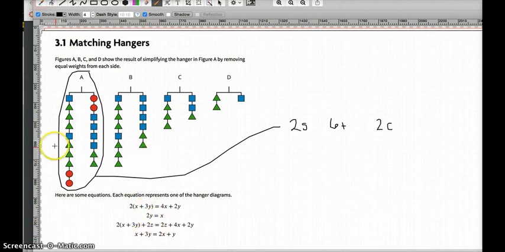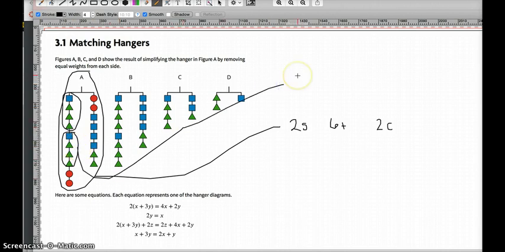So now I'm going to see if I can find any groups. I have one group of a square and 3 triangles, and another group of a square and 3 triangles. So a square and 3 triangles is going to be written like this. One square, which we can just write as an S, plus 3 triangles. I'm going to try to make that a fancy T, so that we don't have to worry about whether or not that's a plus sign.